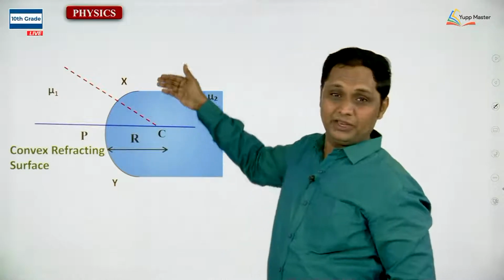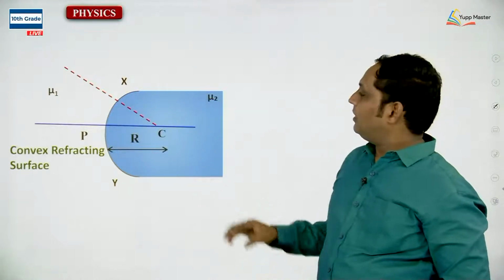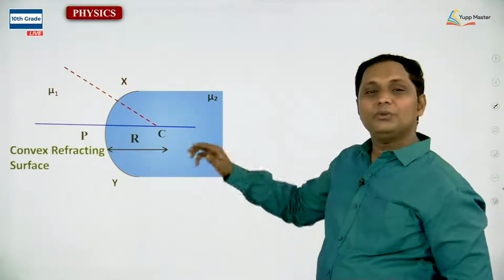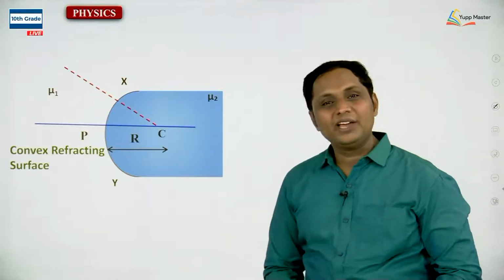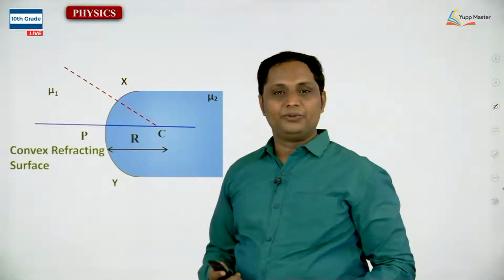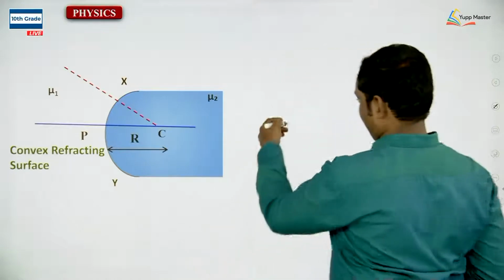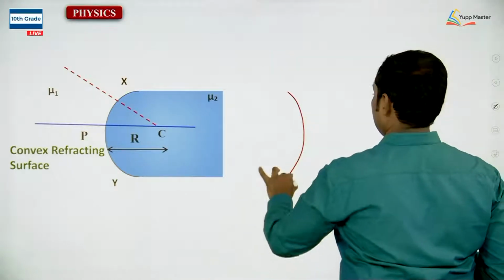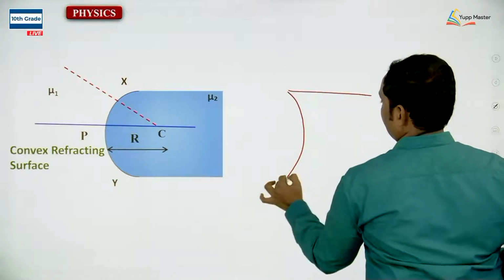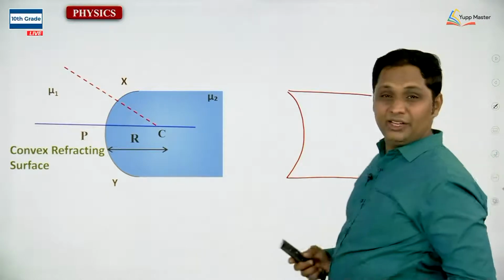At the same time, a concave refracting surface is depressed. It is very clear.